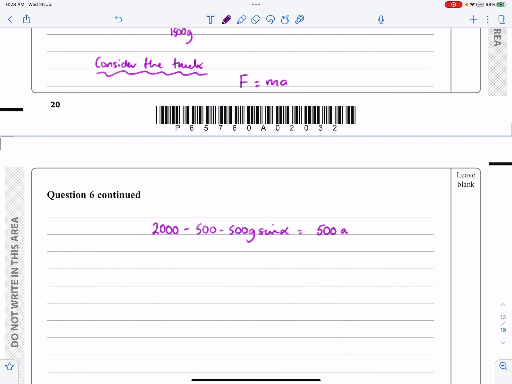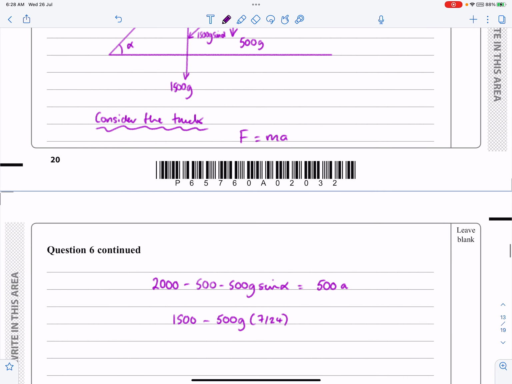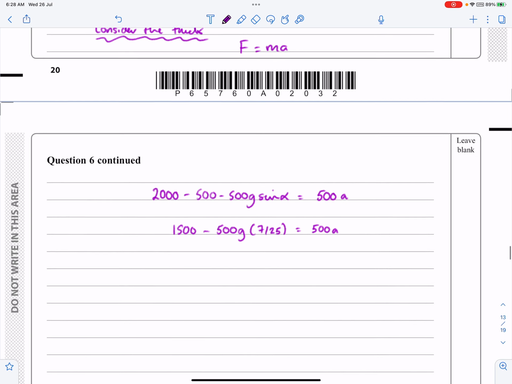So the only thing we don't know there now is acceleration, because we've got 2000 minus 500 is 1500 minus 500g sine alpha. Sine alpha was 7 over 25, sorry, 7 over 25, apologies. 7 over 25 is equal to 500A.